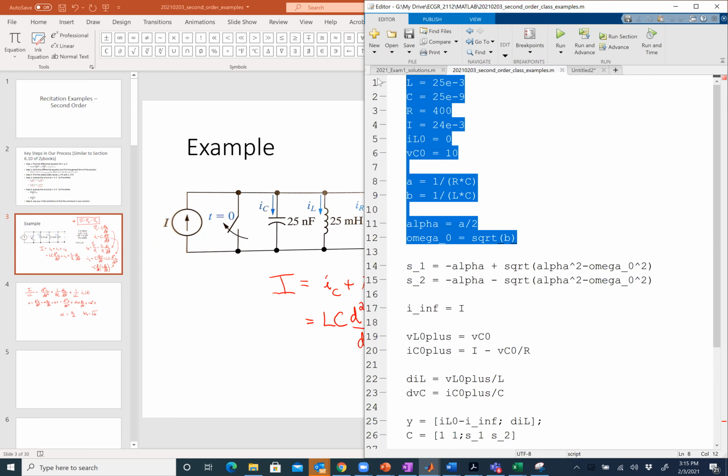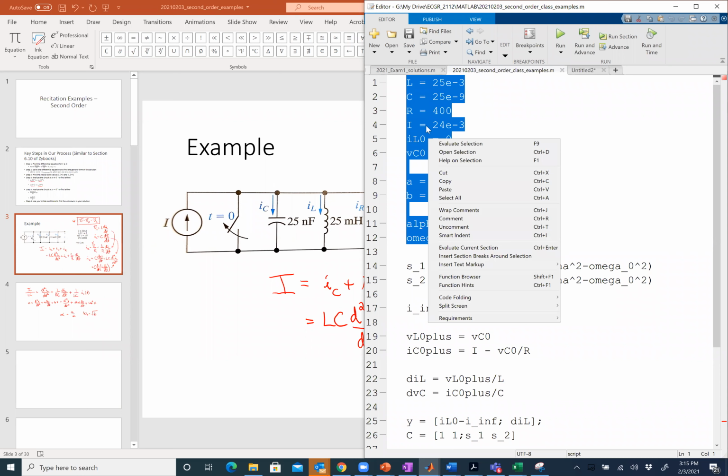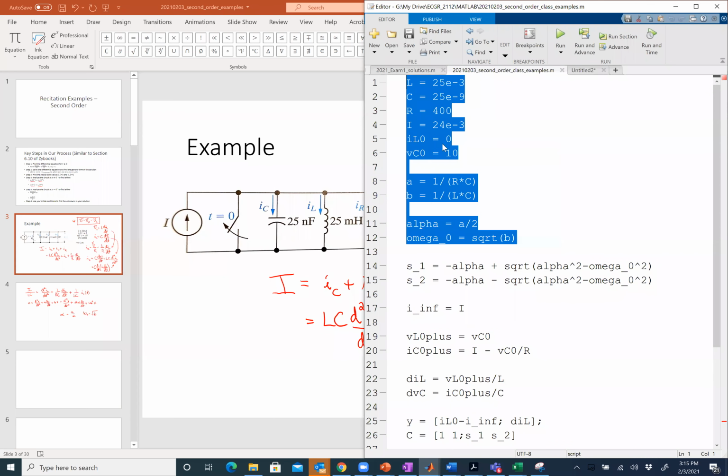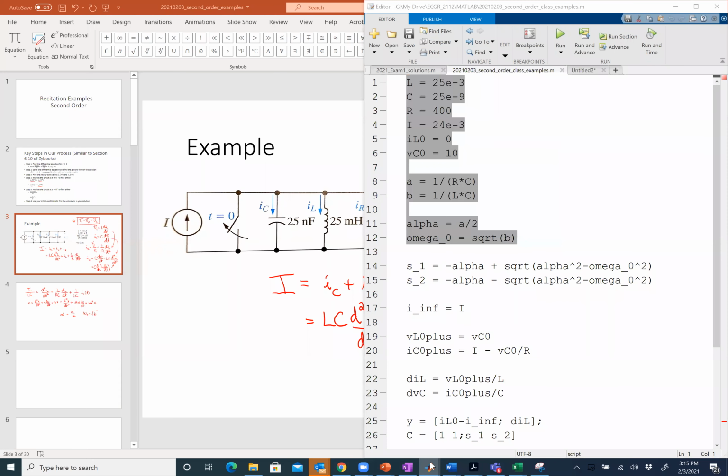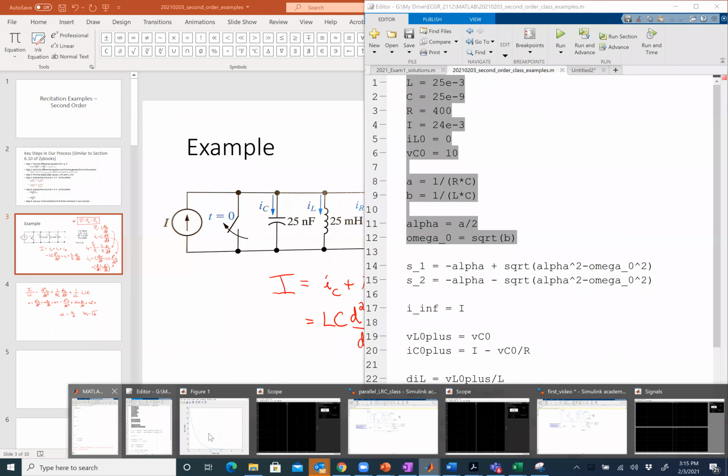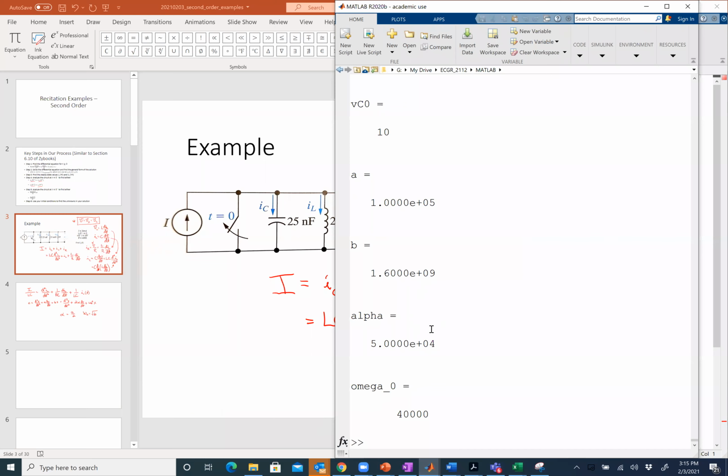Now, I'm working in MATLAB and not in the Canvas editor, so I'm just going to take that. I can right click on this and do evaluate selection, and I'm going to look in the command window, and it's going to tell me the values I've got. So there's my alpha value, and there's my omega naught value.